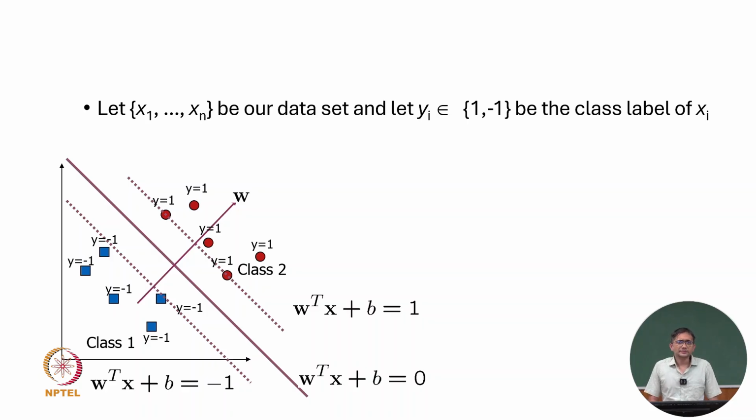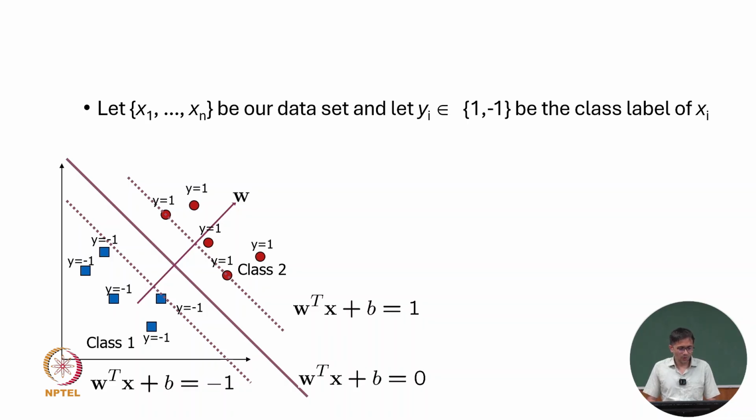So here it's probably clear to you already that x, our data, is coming in vector form, and w is also in vector form. Now we have another 2 lines, or hyperplanes, drawn here: wtx plus b is equal to 1 and wtx plus b is equal to -1.